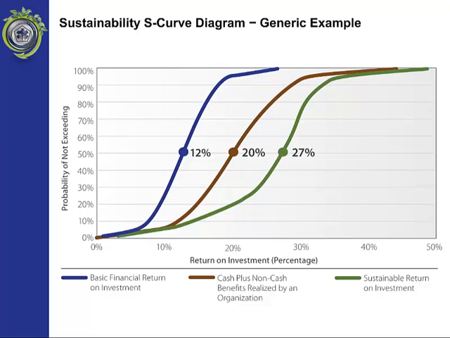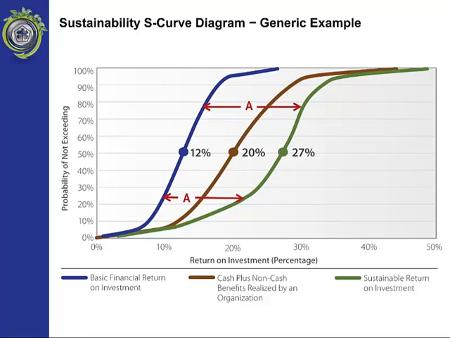To help explain what this diagram means, here are a few things to look for, identified by letters on the diagram. A compares the difference of the x-axis financial metric between the FROI and SROI analysis over the full range of outcome probabilities or risk profile.